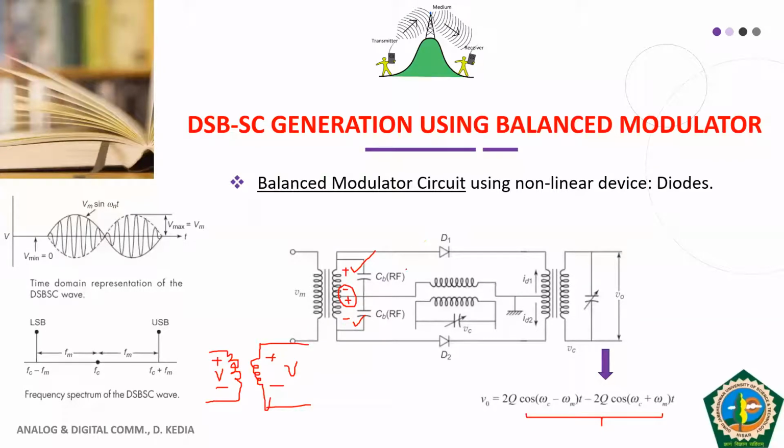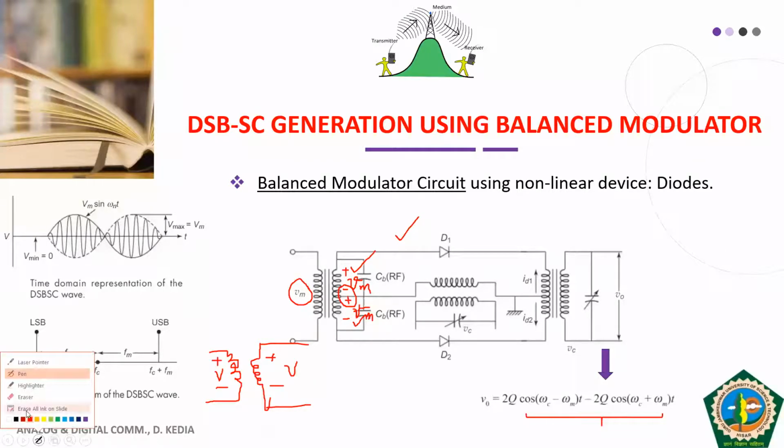If you look at the upper portion of this circuit, this is a center tap transformer, so the same voltage VM will be induced in both halves: plus minus VM here, and plus minus VM here.